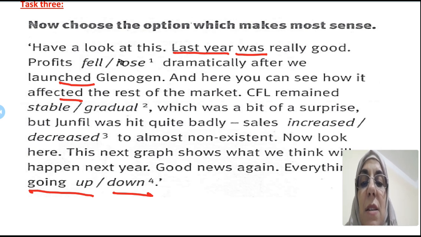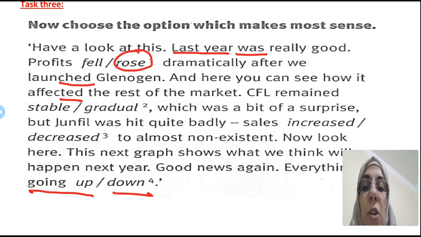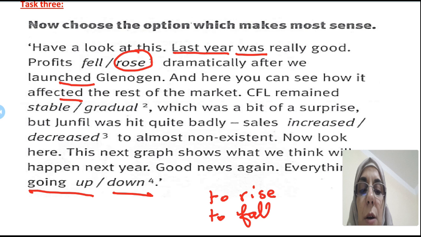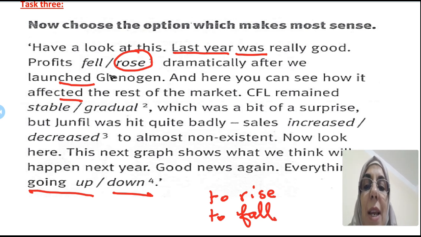Certainly it is the verb rose and not fell. So rose is the irregular past of to rise. Fell is to fall. Rose dramatically after we launched Glenogen.